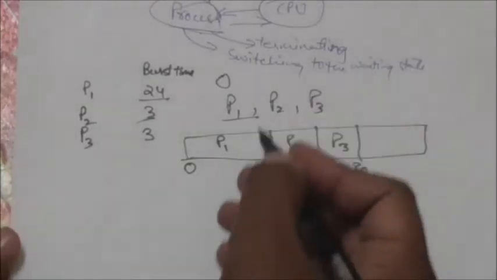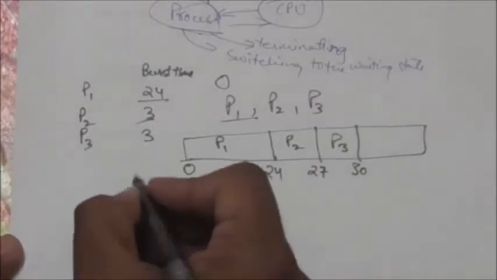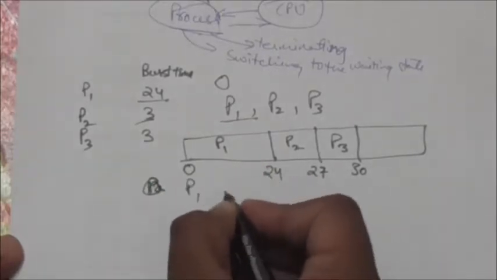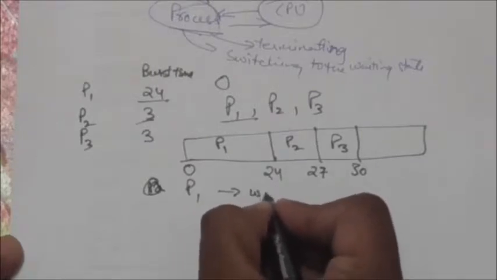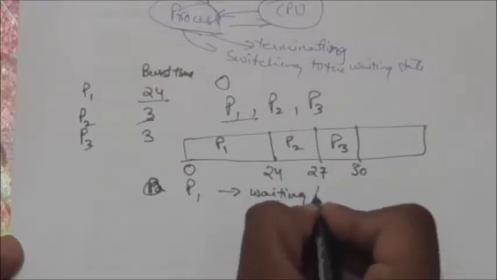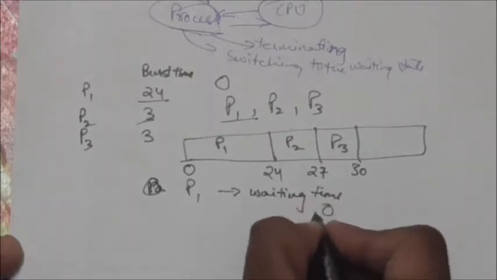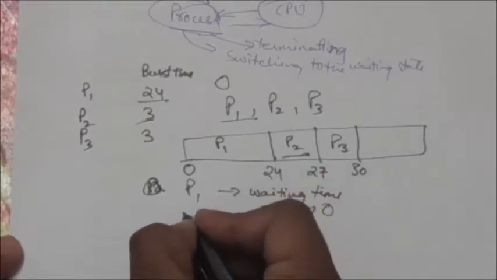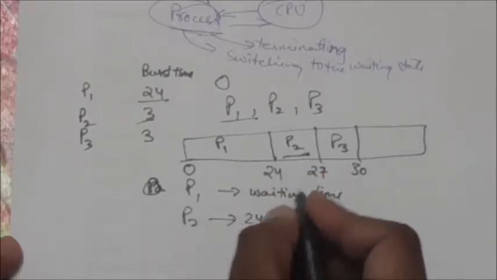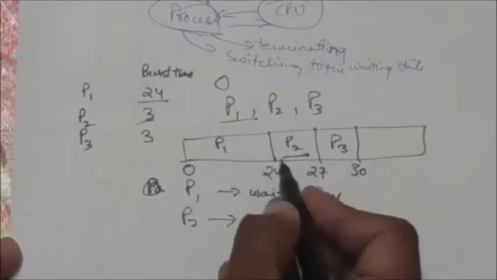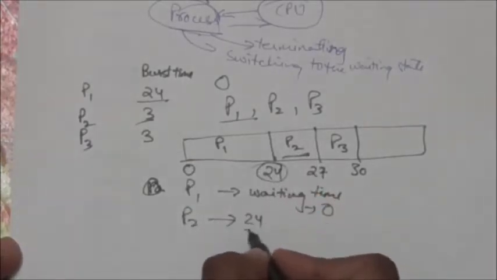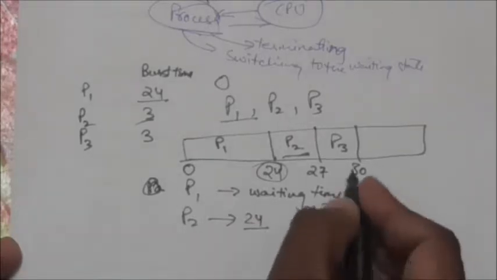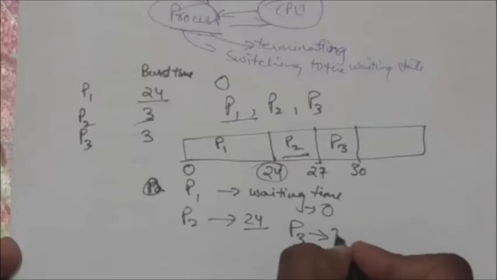Now in this case, the process P1 doesn't have to wait. Its waiting time is 0. The waiting time of process P2 is 24, because process P2 started at time 24. And for process P3, the waiting time is 27.